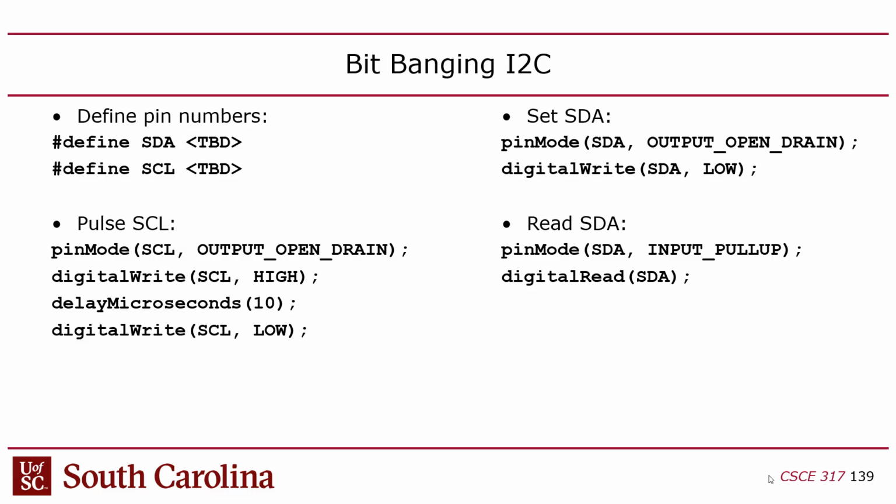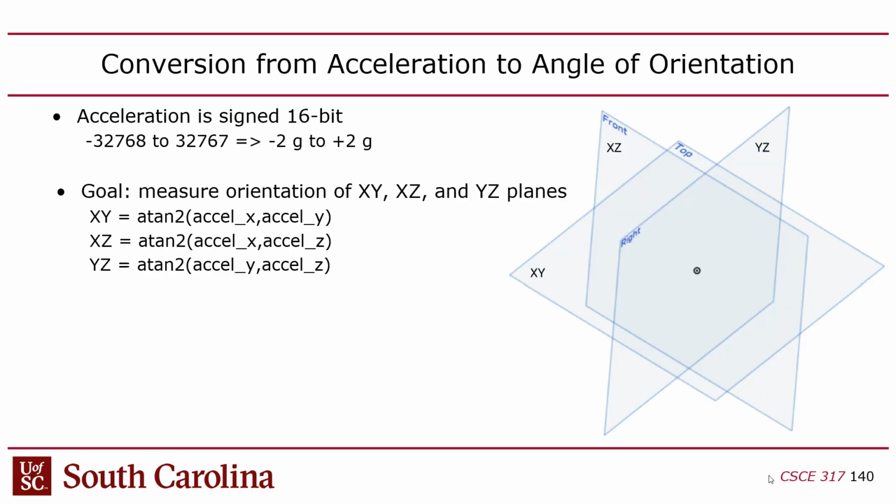It's really simple. Using these functions, you can implement the protocol in your software, and then once you have that, you're going to get a value between negative 32,768 and positive 32,768, because that's just a signed 16-bit number.